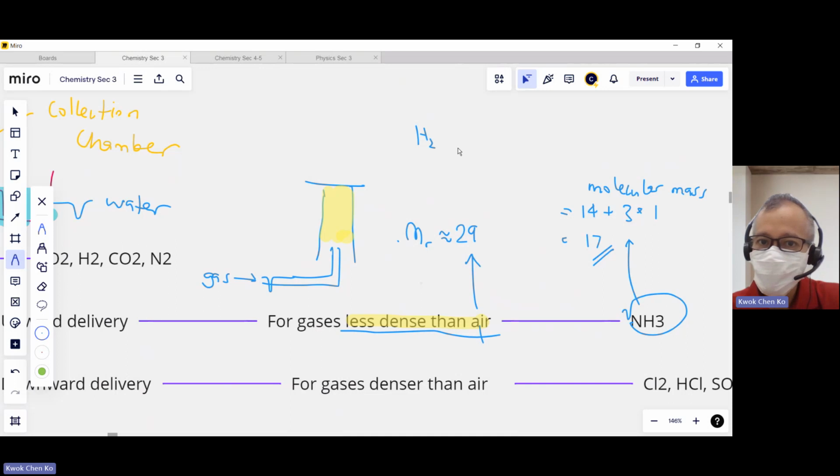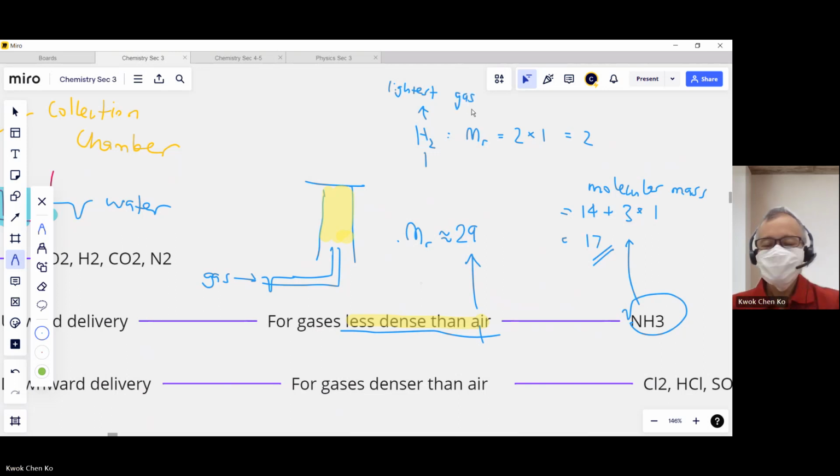This is H2. Can you try calculating the molecular mass? Yeah, it's made out of 2 hydrogen atoms. Each atom is of atomic mass 1, so it's only 2. Now, by the way, just for info, this is the lightest gas or least dense gas in the world, of course.